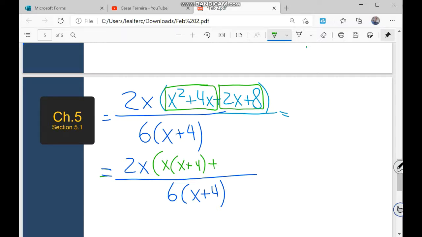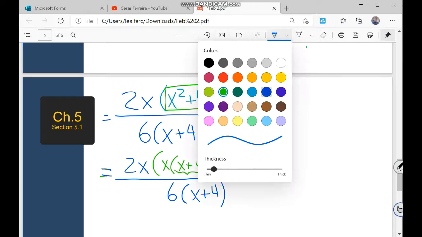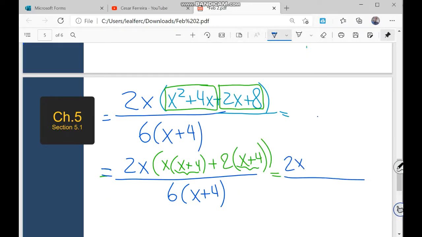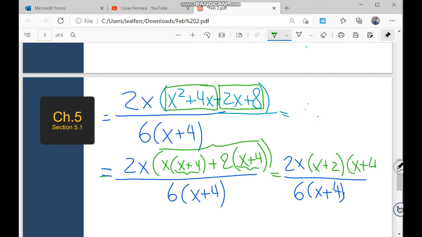And from the second pair, we can factor out 2 times x plus 4. If you have the same binomial, we can also factor it out, and it's going to be 2x, we're not working on the 8 yet, over 6x plus 4. And we can write this as x plus 2 times x plus 4.